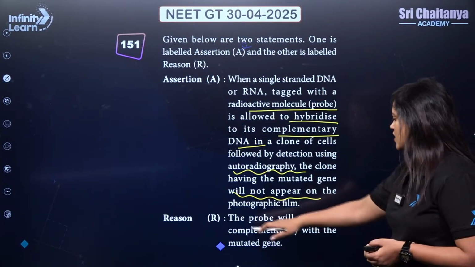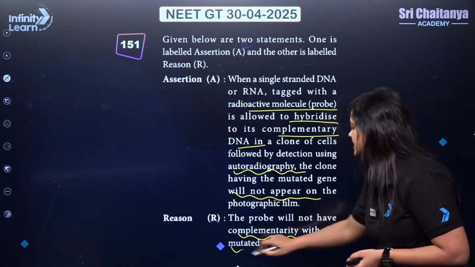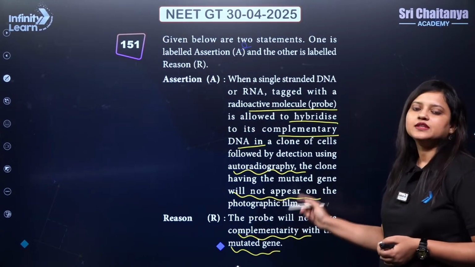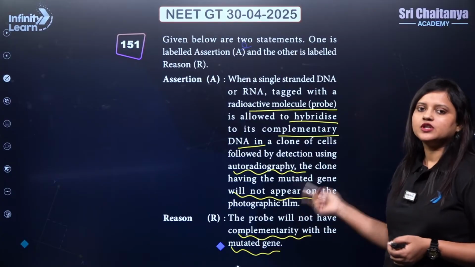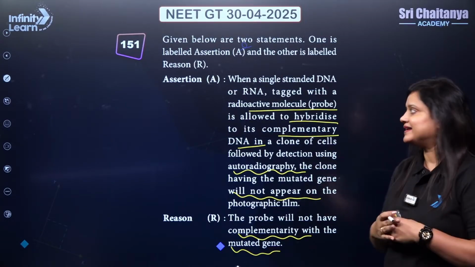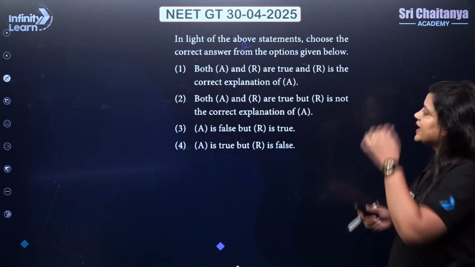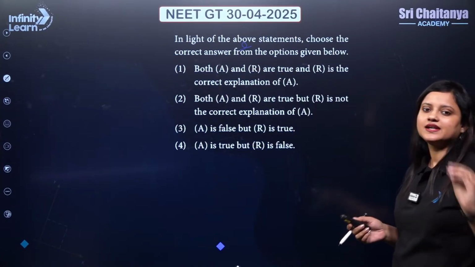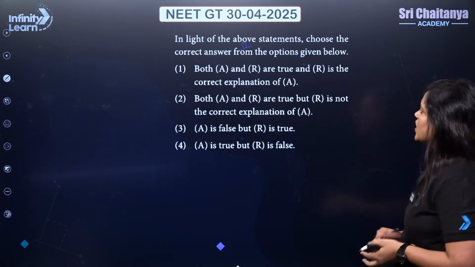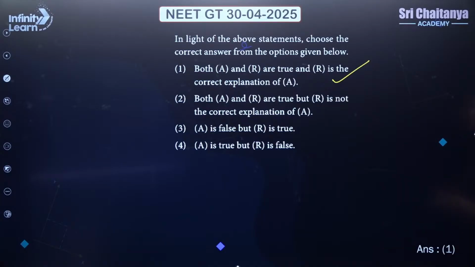Okay. Now the probe will not have complementarity with the mutated gene. Yes, the probe had complementarity with the normal gene, but if it is mutated, the probe will not be able to bind it. So assertion is true, reason is true. Okay, and in fact reason is the correct explanation of assertion. Okay, so answer should be 1. Okay, so answer should be 1, everyone. So it's not 4, it's 1. Okay.